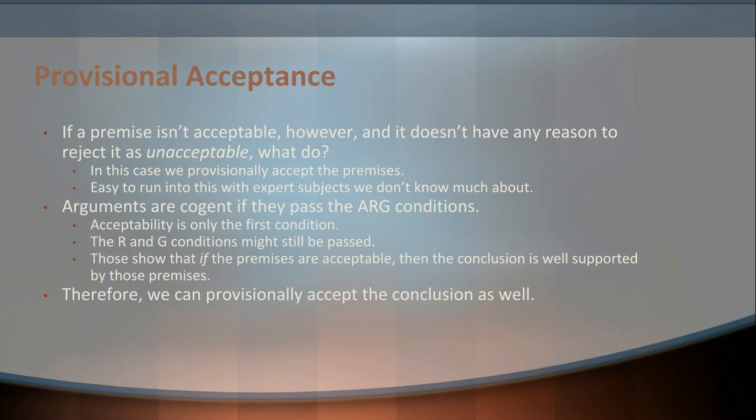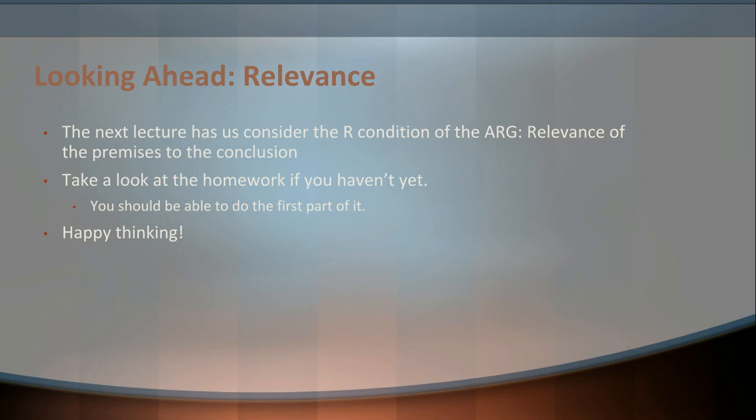Essentially, we say, well, I don't know for sure if these are true, but if they are, then I've got good reason to think the conclusion's also true. And so while we do have to sort of qualify our acceptance of the conclusion, we can still do so. That sort of provisional acceptance is a legitimate thing for us to do and have some rational backing to it.